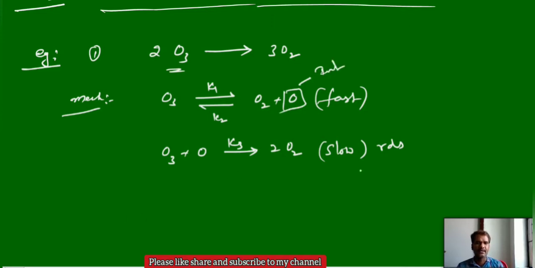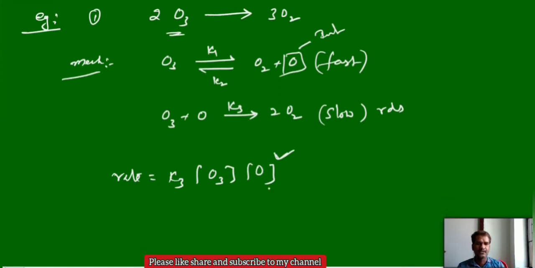Now we can write the rate according to the RDS. We can write the rate is equal to K3 into ozone and nascent oxygen. Actually, this is a rate law expression for the RDS step, but here an intermediate is involved, and the intermediate should not be included in the rate expression. Then we have to remove this one.